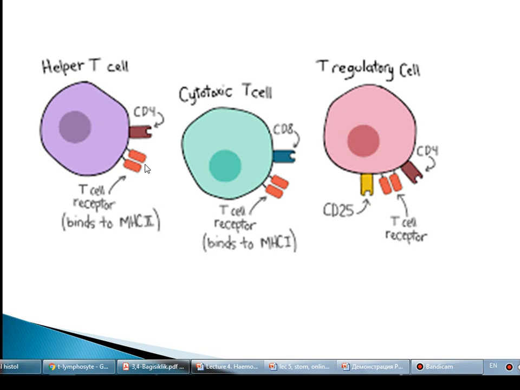They also express cluster of differentiation molecules, proteins on their cell membrane. There are 200 different CD molecules that have been identified. The T cell receptor complex, consisting of T cell receptor, CD3 and either CD4 or CD8, recognizes and binds to epitopes presented by antigen presenting cells.